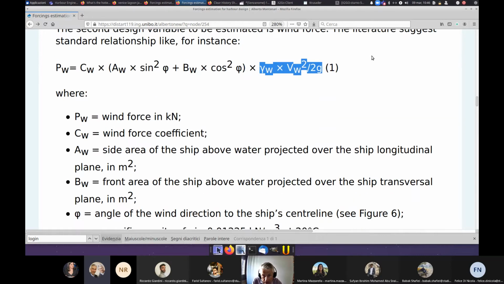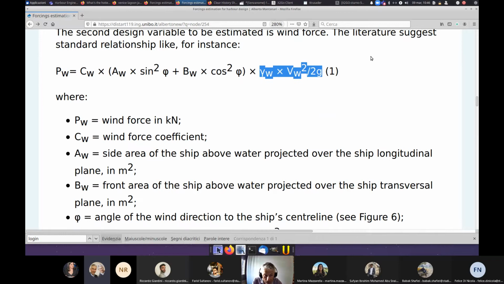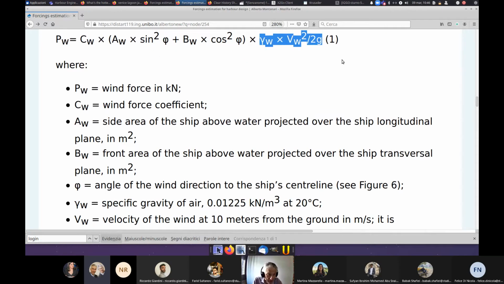We didn't say this last time because I ran out of time, but this, what is selected here, is the product of the specific gravity of air times the velocity of the wind squared divided by 2g. This is wind pressure, okay?